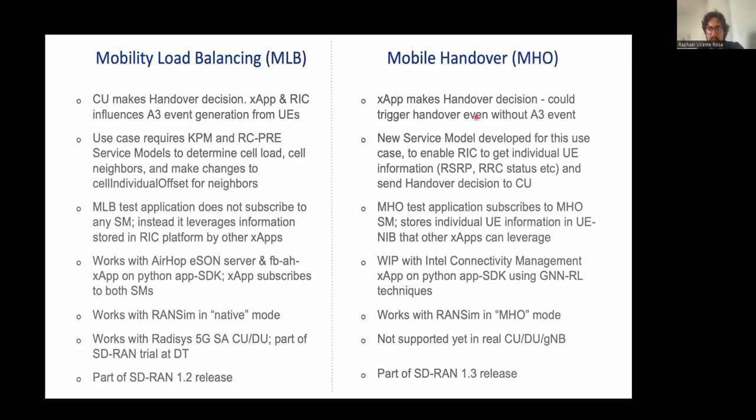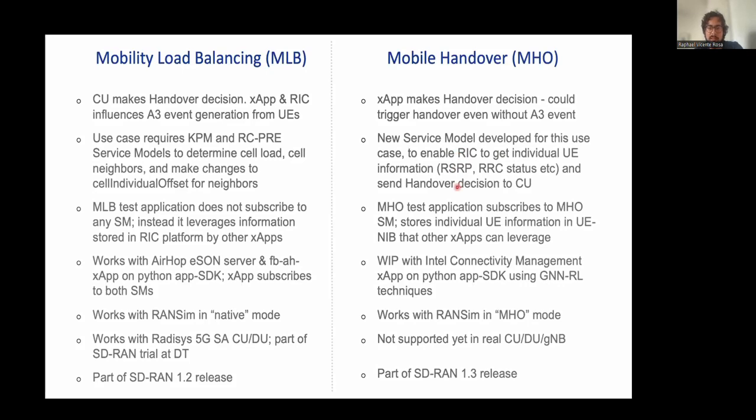On the other hand, mobile handover is a more active example of triggering handovers, where the service model that was developed by ONF together in a use case with Intel allows the programmability of the network in a way that the RIC itself triggers the handover of the UE between the cells.